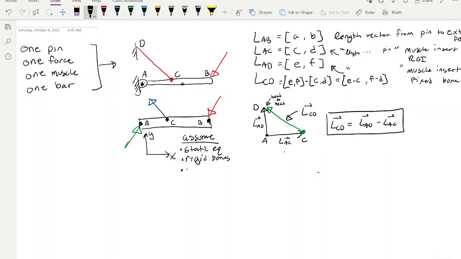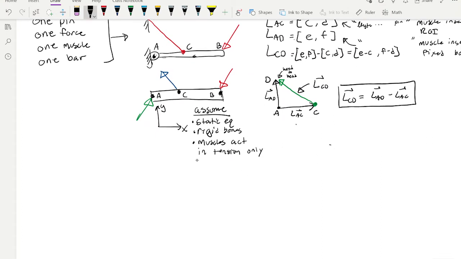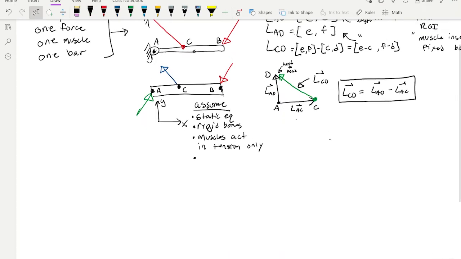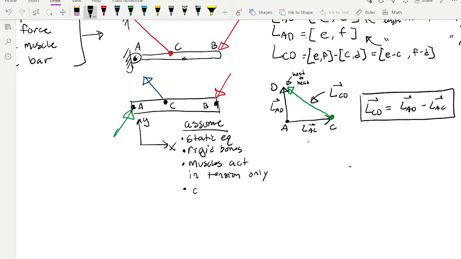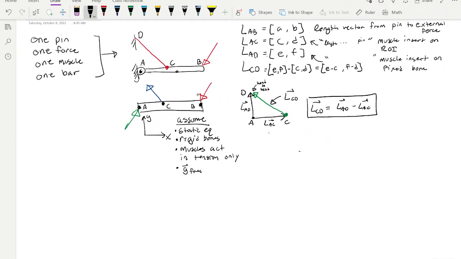We've got muscles that act in tension only. Okay, and then we have gravity free, because we didn't talk about the weight of the arm or the centroids and stuff. Okay, so that is pretty much it for the engineering diagram and the free body diagram.